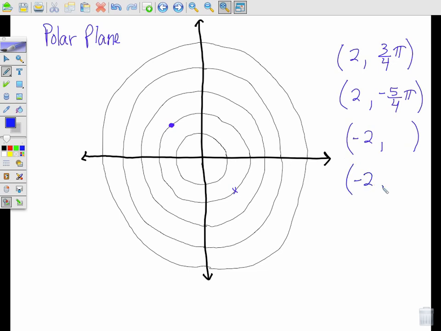So for the reflection, I would use negative 2 for both of those measures. And then I need to name the location for that. So one of them would be going all the way around to quadrant 4, which would be a positive 7/4 pi. And then I need to do its coterminal as well. The coterminal would be negative 1/4 pi. And so that is how you graph those points, and that's also how you name them in 4 different ways. Again, this is the point here that we are naming.